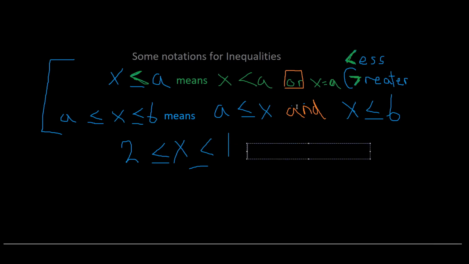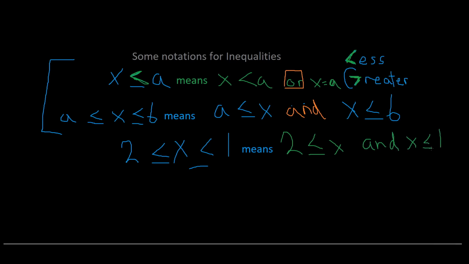Just for the sake of using a real mathematical example, let me use this color. 2 is less than or equal to x, and x is less than or equal to 1. And we could break it down further, but we don't want to break it down further, do we? And so let's think about it. Is this statement true or false?